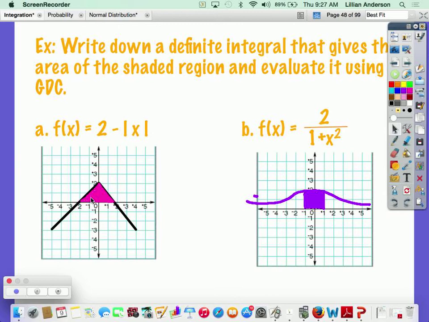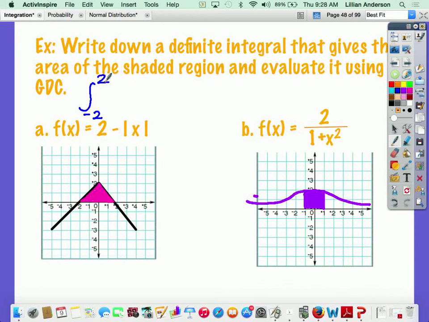So we're going to have to write this integral. We know we have to have our integral symbol. What value is going to go at the bottom? What do you think? Well, that actually crosses at -2. Yeah, it's -2, because that's where the start of the shaded region is. And then it goes all the way to 2.